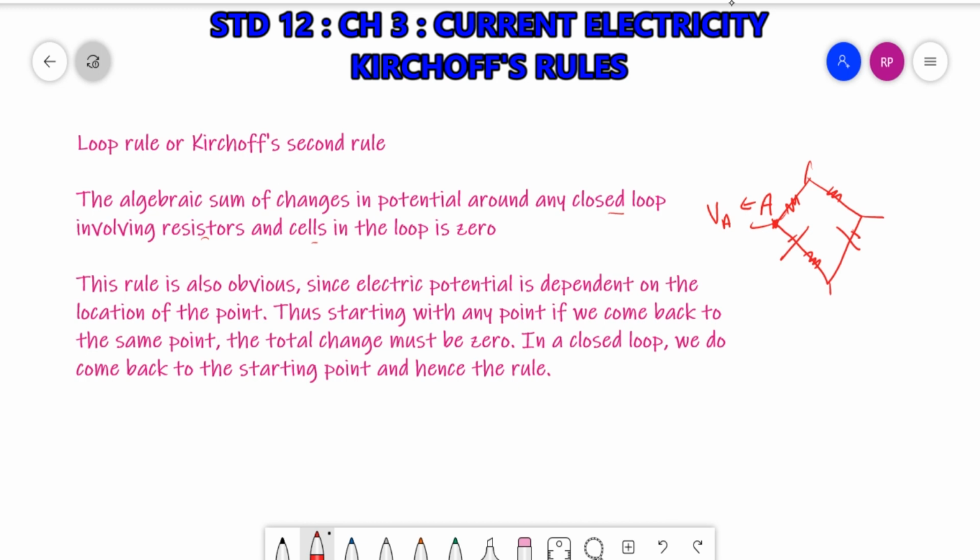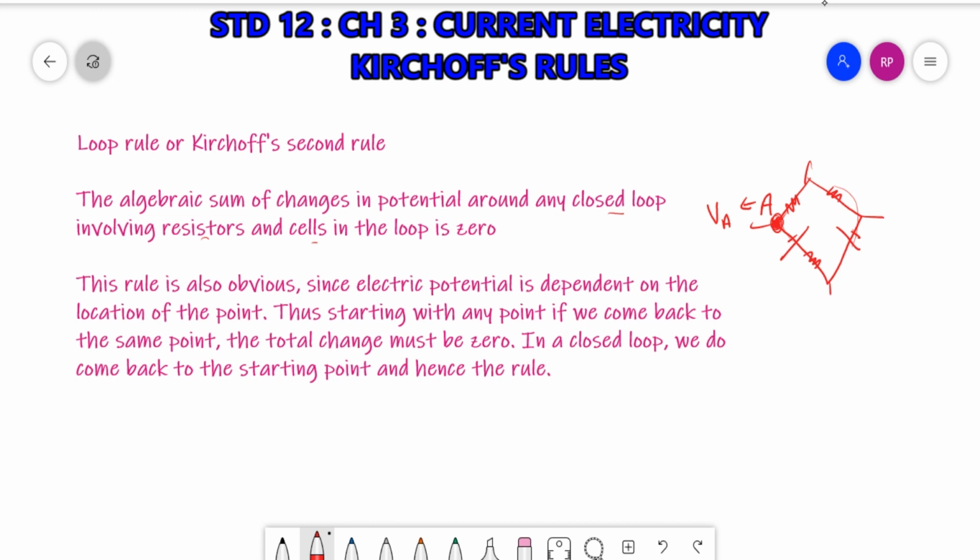So the algebraic sum of the changes in potential around any closed loop is 0. Here I have taken the starting point A. If I move and come back again to point A, then the total change must be 0. In a closed loop, we do come back to the starting point and hence we must apply this rule.